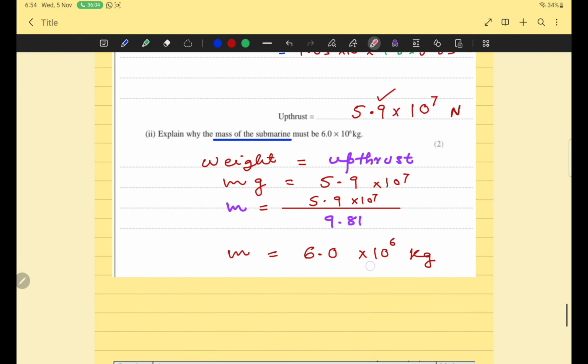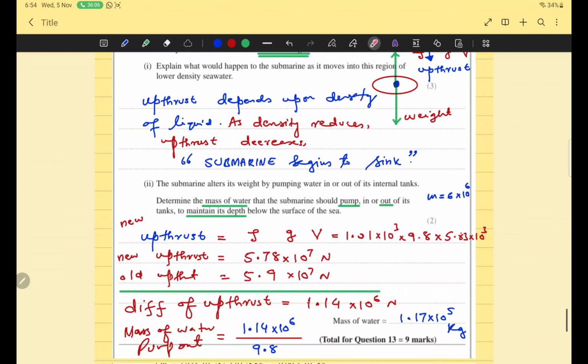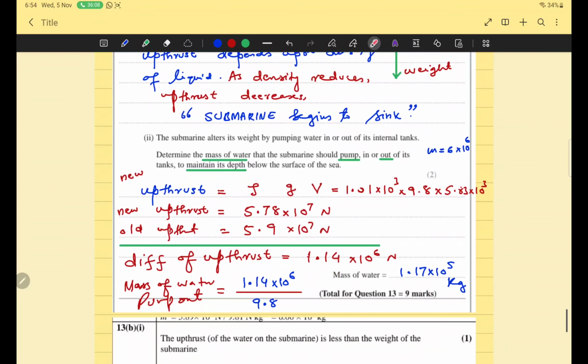It is your choice. So I have solved the question according to the marking scheme. Sir, we calculated new upthrust with new density of water, and this new upthrust subtracted from old upthrust gives you the change in upthrust. And for this change in upthrust, you can calculate change in mass because we are pumping out water from the submarine.